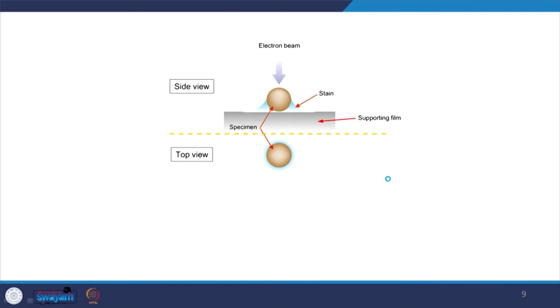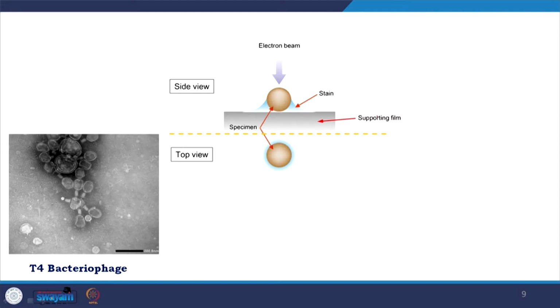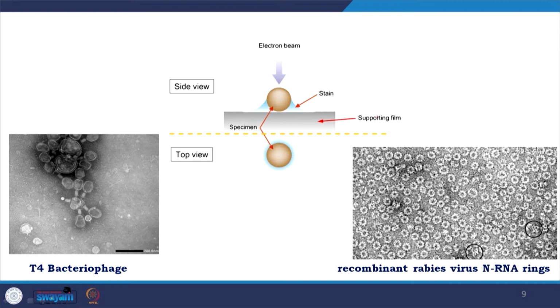So, you could see the side view, you could see the top view, the electron beam is coming, the stain is protecting, right, and the specimen is made on a supporting film. This is a negative staining of T4 bacteriophage. This is a negative stain of recombinant rabies virus nRNA rings.